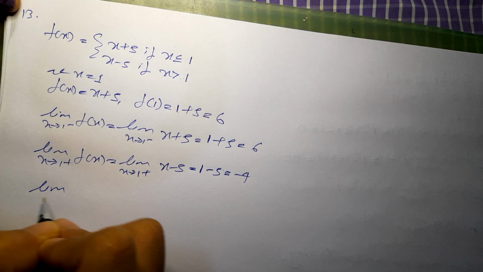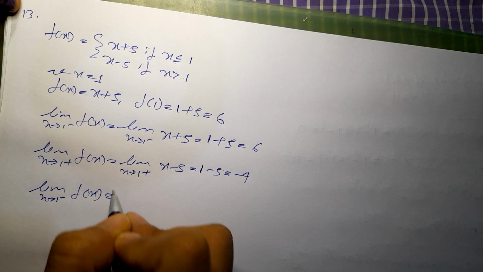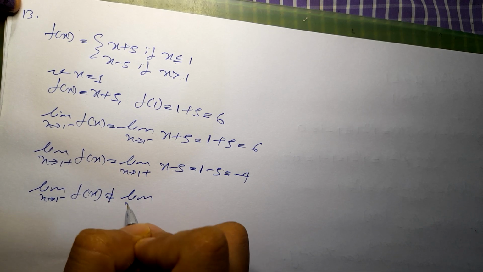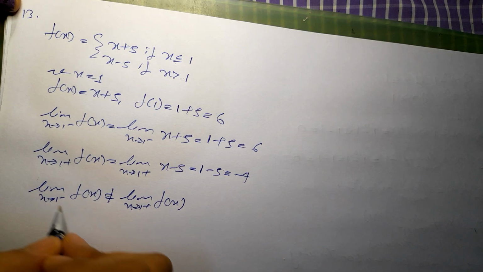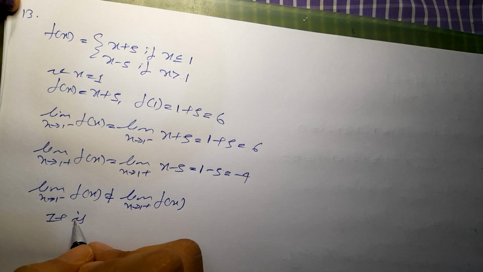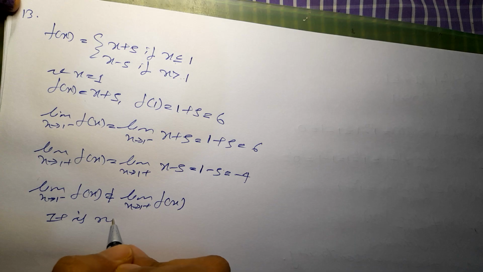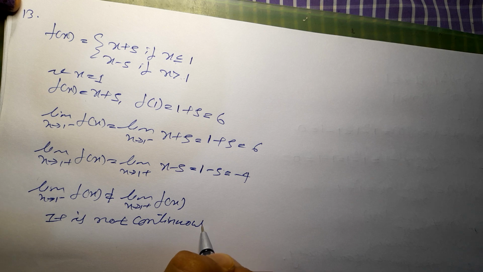Limit x tends to 1 minus f of x is not equal to limit x tends to 1 plus f of x. So it is a discontinuous function. The question is, is the function continuous? So it is not a continuous function.